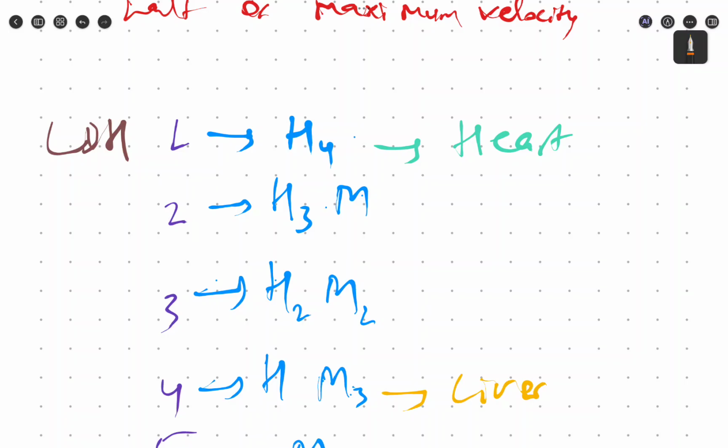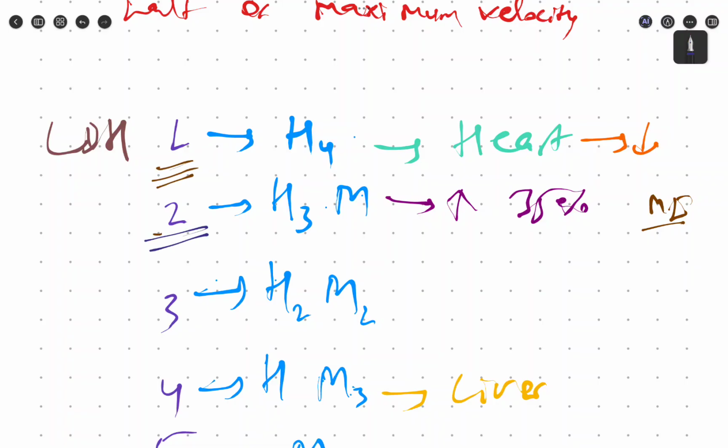Now one more thing, generally this lactate dehydrogenase 1 is less in our body, and H3M is more, that is around 35%. All right, but in case of myocardial problem or heart related disease, the content just flips. LDH1 increases and type 2 decreases.